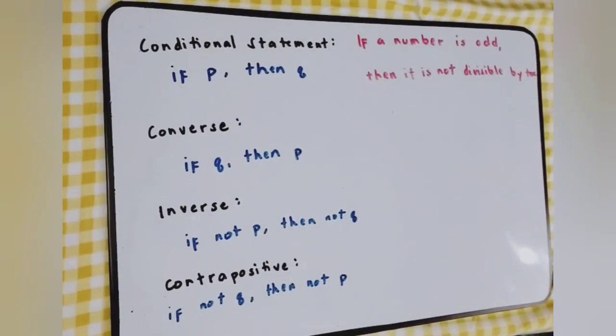Next example, given the conditional statement: if a number is odd, then it is not divisible by 2. Again, we're going to transform this into its converse, inverse, and contrapositive.